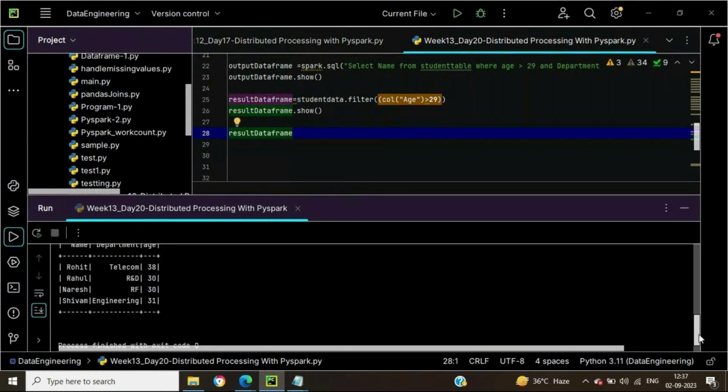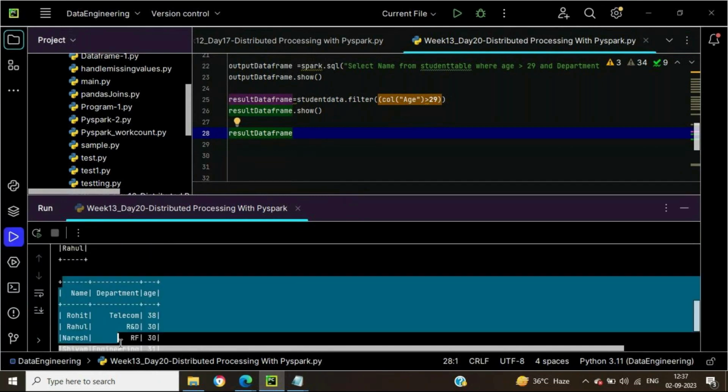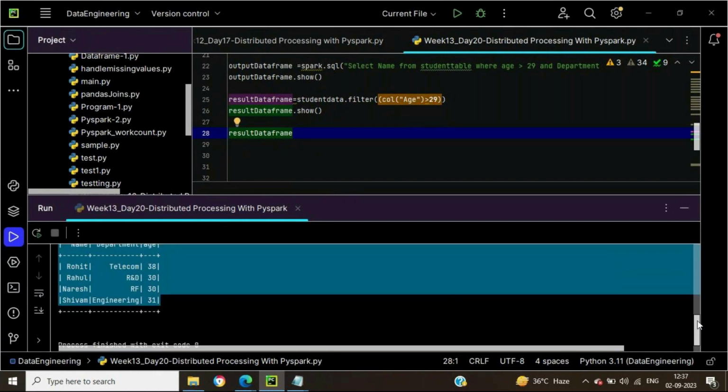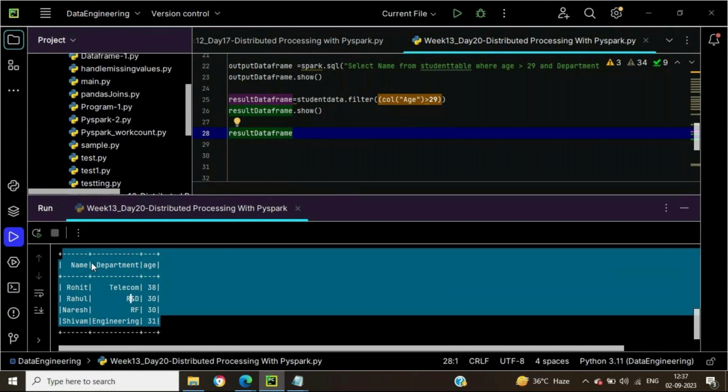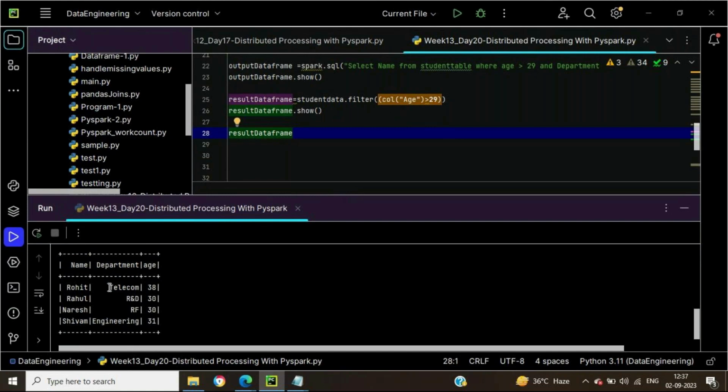So this is the result that we are having, and I want to write it in Parquet format and do the partitioning based upon department as well, utilizing the partitionBy clause, and do the partitioning based upon department. Try to share the code.